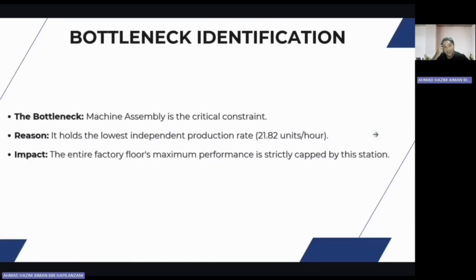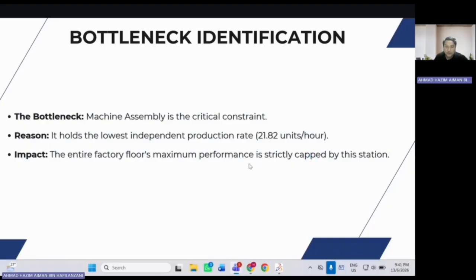After we have calculated the cycle time and production rate, we can identify the bottleneck for this project. We have found that the assembly machine is the bottleneck for this project. That is because it has the lowest independent production rate, which is only 21.82 units per hour.